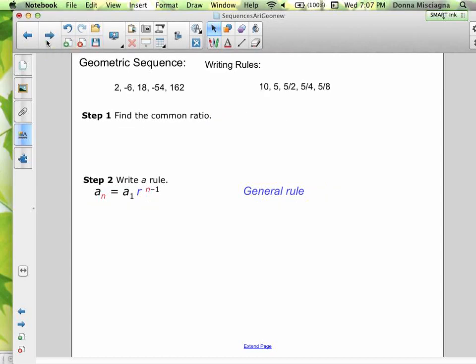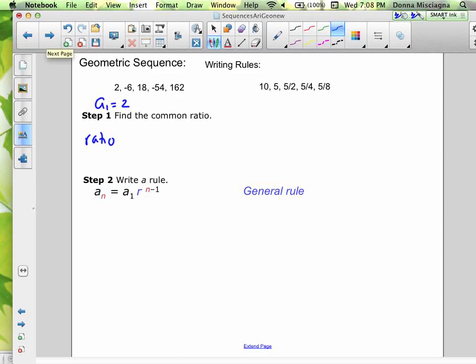There's a teensy-weensy bit of work if I give you the sequence, all right? So we're going to do this twice, one for each of these sequences. Our A1 here is given to us. It's 2. To find our common ratio, you just take any 2 successive terms. I'm just going to take the first 2.